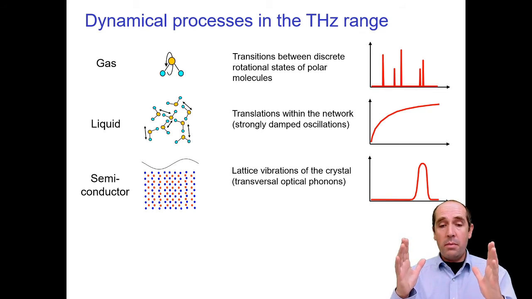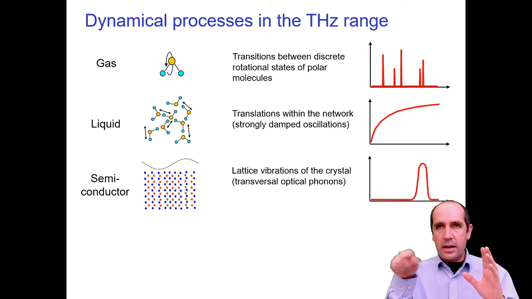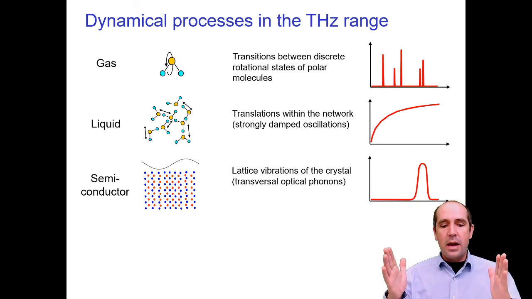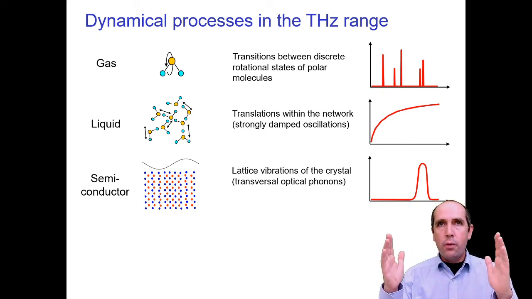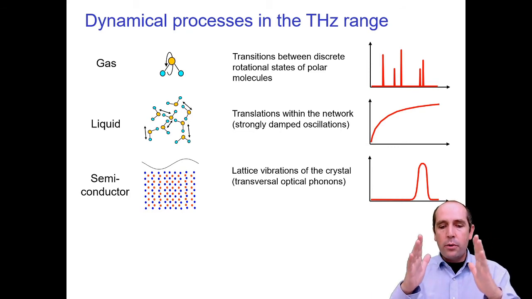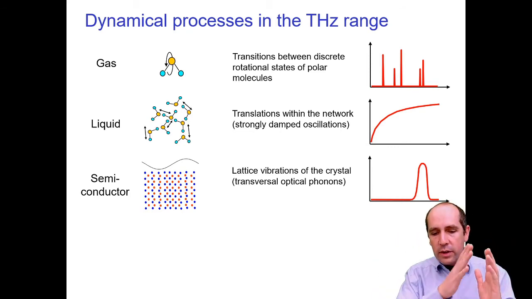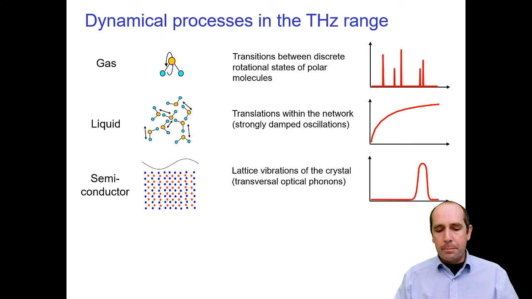You can also imagine these lattices as being a bunch of masses attached to the first neighbors by springs. And if you push this lattice, you can produce a coherent vibration of the entire lattice. And these vibrations of the entire lattice are called phonons.